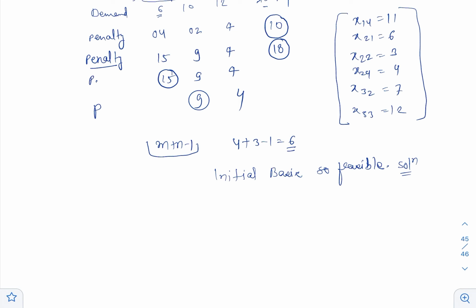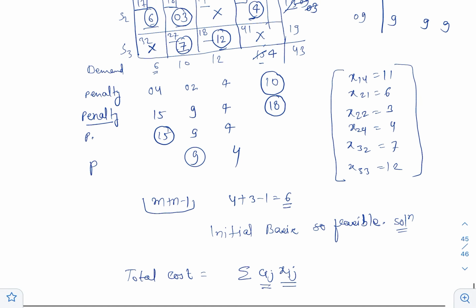So what is the total cost of the initial basic feasible solution? Total cost is equal to summation Cij Xij, where Cij is the cost per unit of the basic cell and Xij is the allocated units.